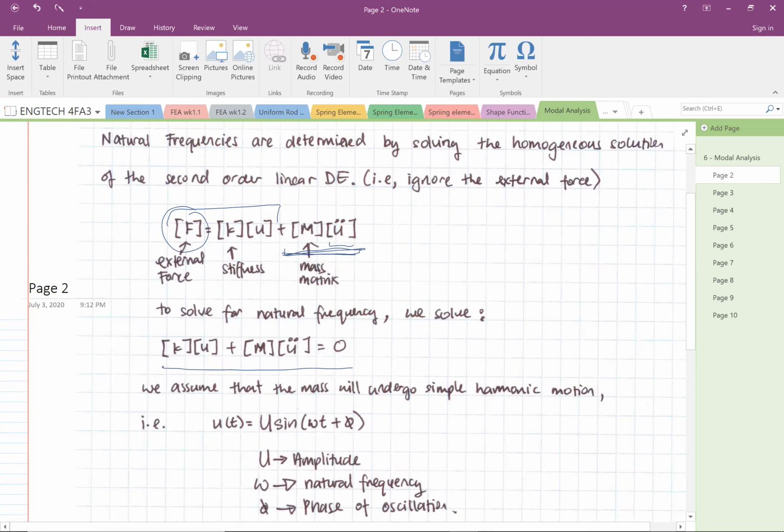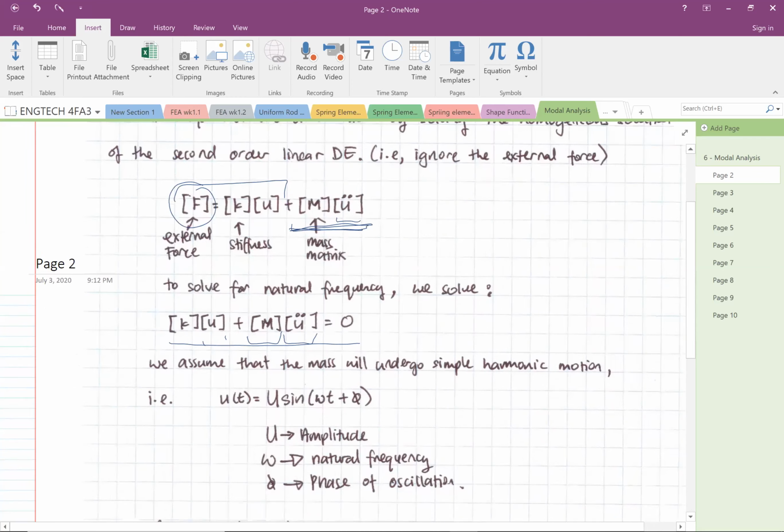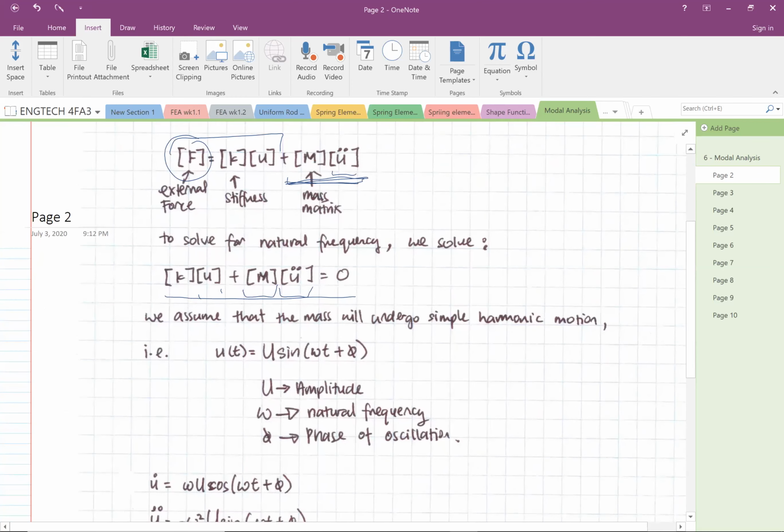So stiffness times the displacement vector plus the mass matrix times the acceleration is 0 in this case. What is the best way to simulate something that vibrates at a constant amplitude? That's a sine function.